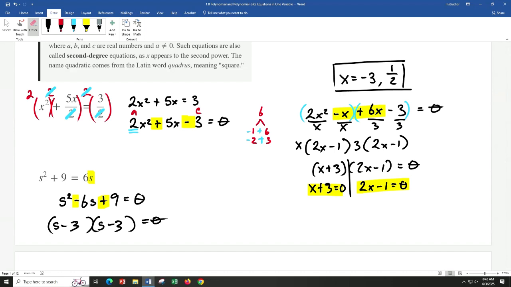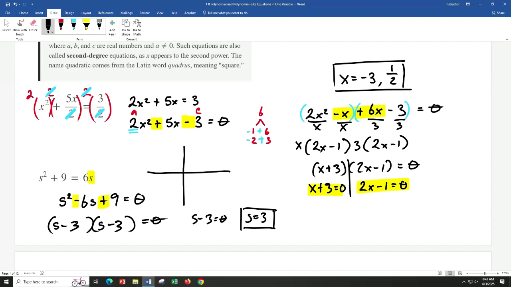Okay. So notice you would solve this one. You still have to solve it, but you have to put down the number twice. You would just do the s minus 3 is equal to 0, and then you would get s is equal to 3. And that would be your sole answer, okay? It's what we would call a double root. If you go back in time to whenever I've taught you before, that would look something like this.